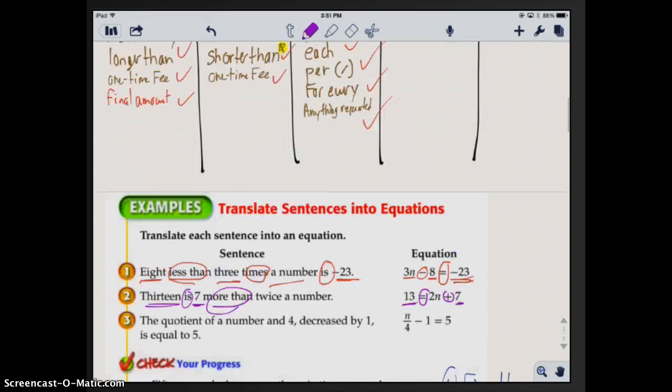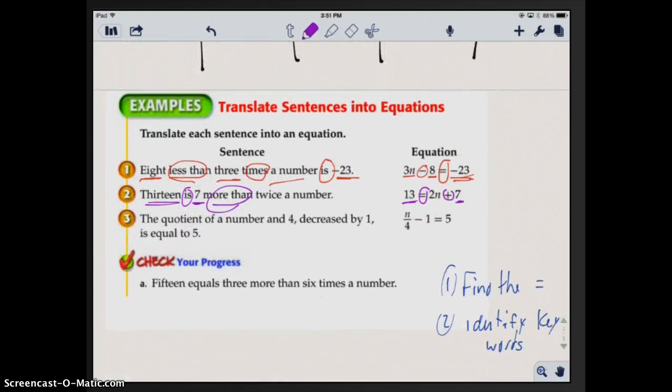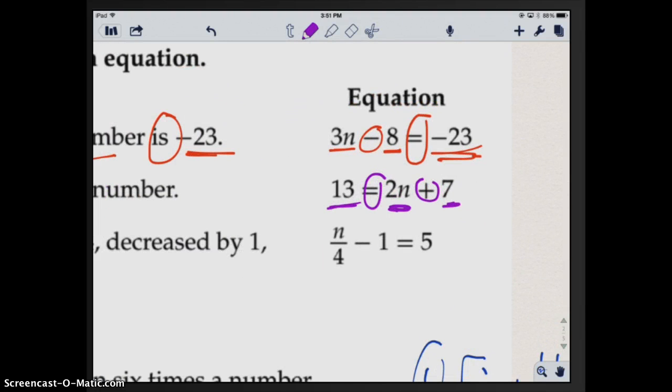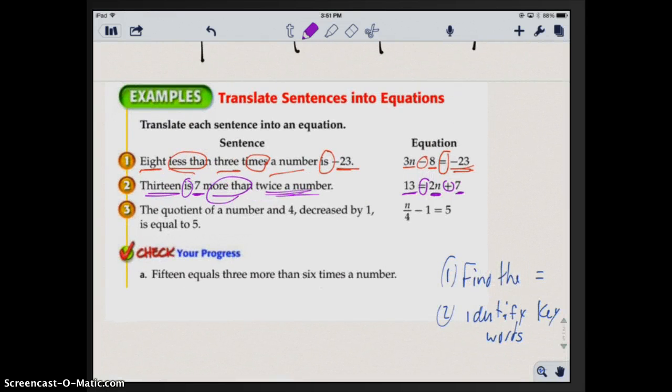Well, it's because there are a few phrases here where we know whether it's addition or subtraction, but we need to flip-flop the order. So 7 more than twice the number means it's going to be twice a number, which is 2n, and then plus 7.